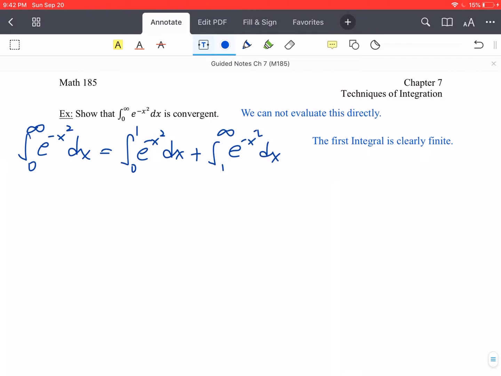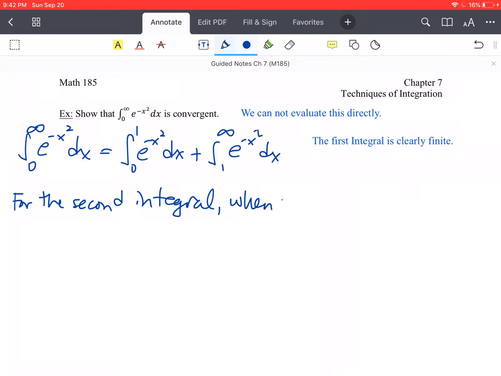So if we can find that the other one is finite as well, or convergent, then that gives us that the whole thing is. Okay, so for the second integral, we have to do a little bit of comparing here.